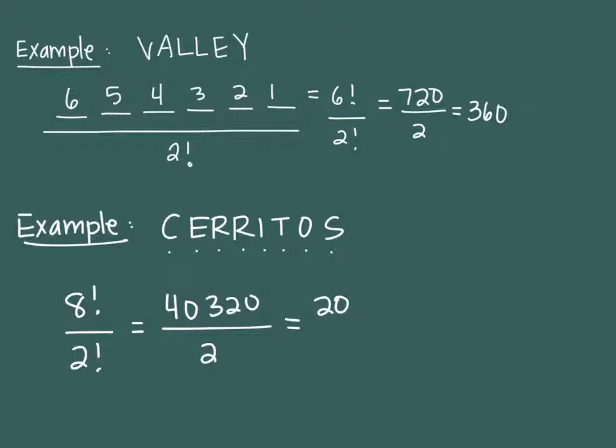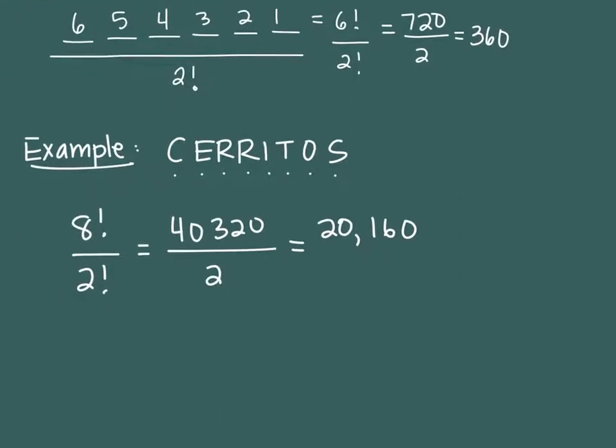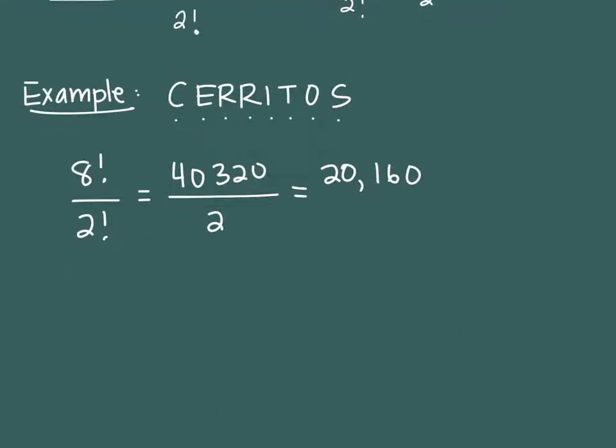So you're looking at 20,160 different ways that you could mix up the letters of Cerritos. Now some of the words are going to be nonsense words. They won't all make sense, but there's still a different rearrangement of those letters.